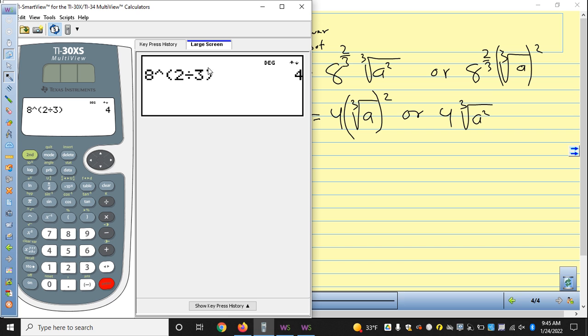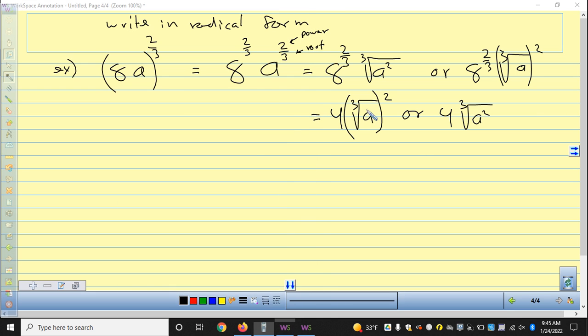If you do an exponent in your calculator and it comes out to be a decimal, you can just leave it written as a decimal. All right, questions there?